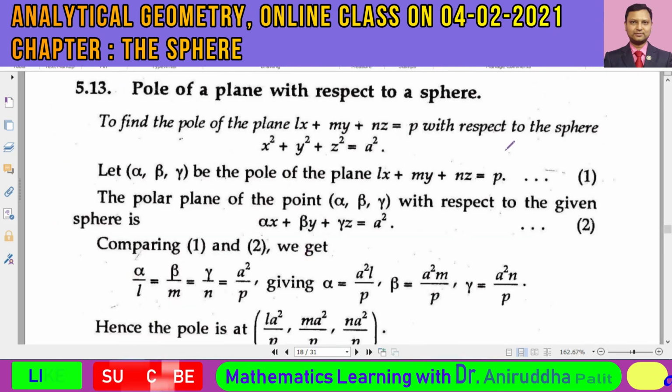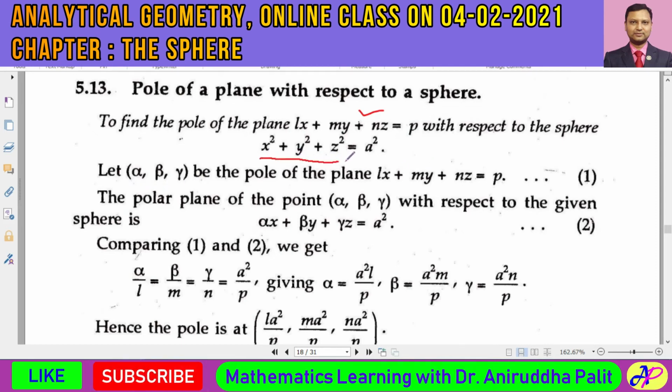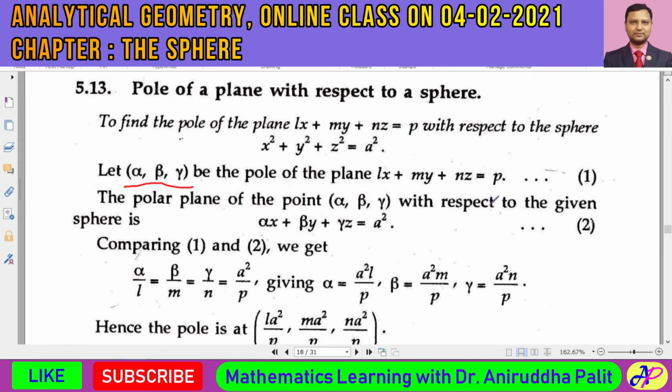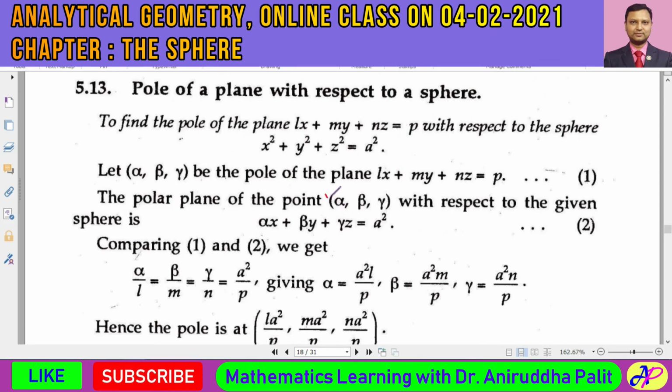Now suppose we want to find out the pole of a given plane. In that case, we can consider, with respect to a certain sphere of course, that (alpha, beta, gamma) is the pole of the plane lx + my + nz = p. Then we can say that this is the equation of the polar plane of the point (alpha, beta, gamma).